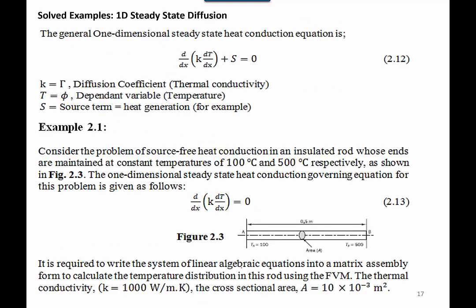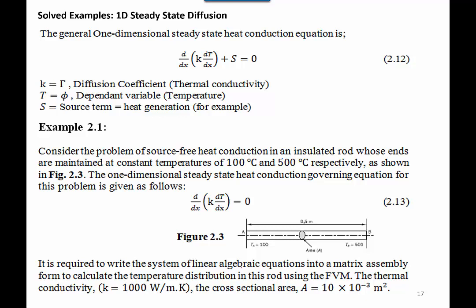Let's take a few examples about the one-dimensional steady-state diffusion problem. The general one-dimensional steady-state heat conduction equation, if we want to study the energy equation with the dependent variable phi replaced by T, we will have equation 2.12, and it is written as d/dx of k dT/dx plus the source term equal to 0.